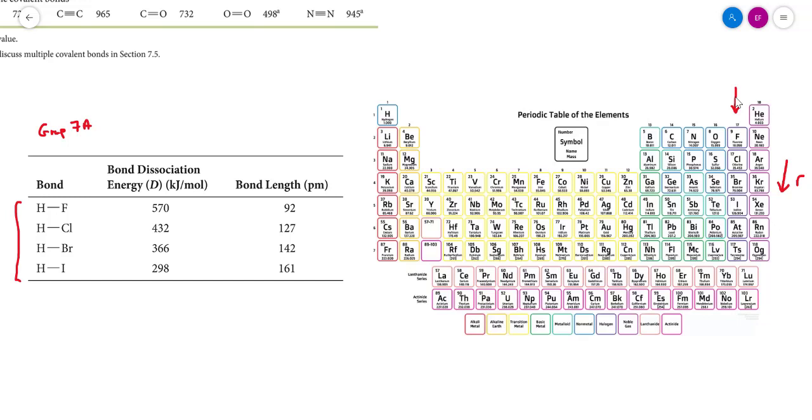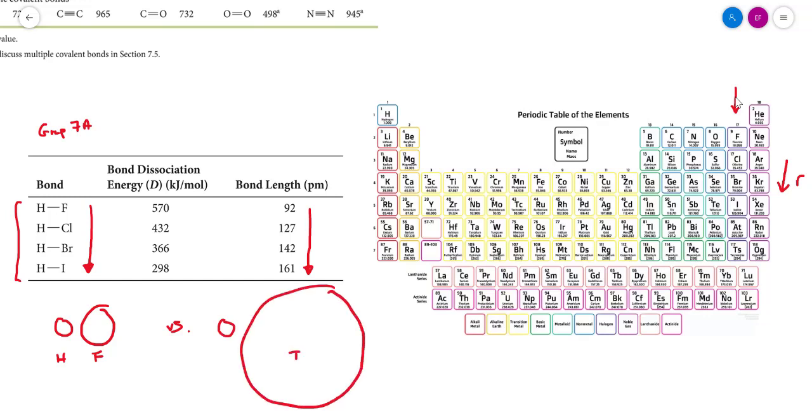So as that radius gets bigger, and we go down the group here, the bond length then also gets larger, right? Because you're talking about say HF versus, let's just say that these aren't to scale clearly, but I'm just giving you a sense, versus HI, we have totally different bond lengths between these that are just dictated by the size of the radius itself.